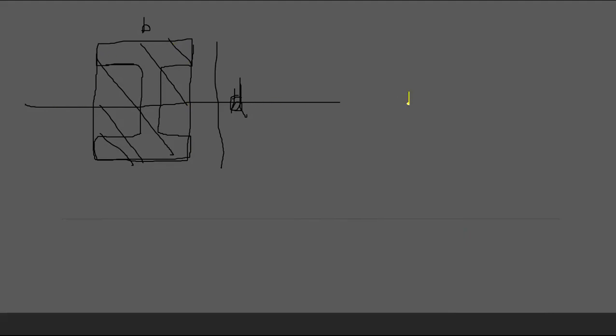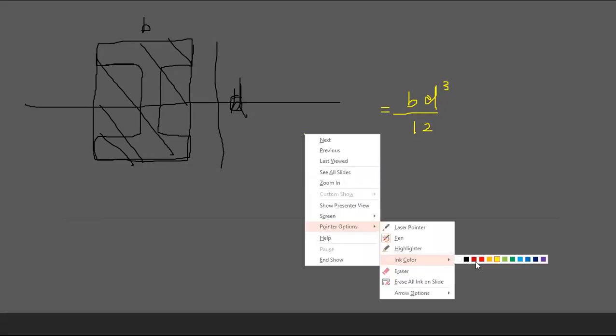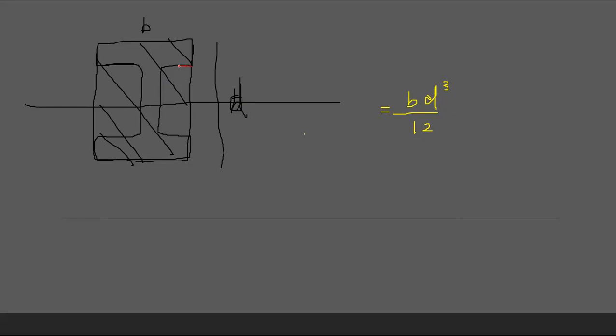So you can write B D cube over 12. Then you are subtracting two squares, and the centroids of those squares also lie on the same axis, so still you don't need to use the parallel axis theorem. Even for this, you don't need to use the parallel axis theorem.